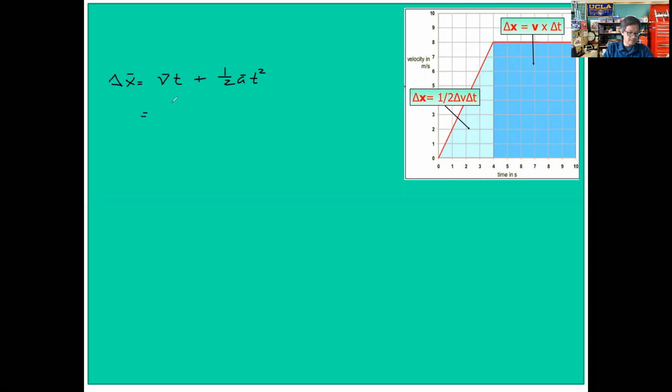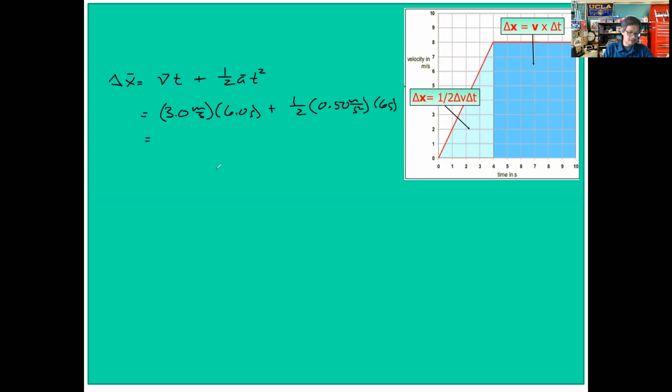The velocity that is moving at a constant velocity is 3 meters per second for a total of 6 seconds. And then he accelerated, his dad pushed him, with a constant acceleration of 0.5 meters per second squared, also for a 6-second time interval.